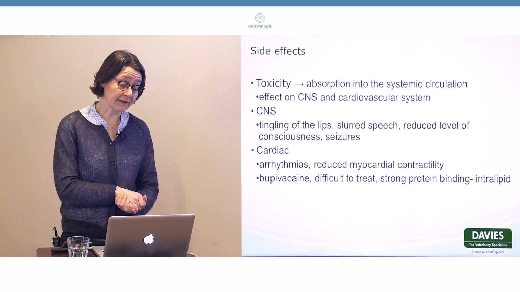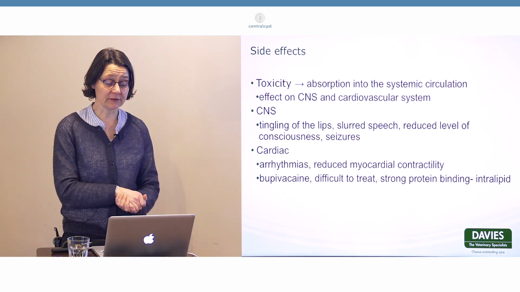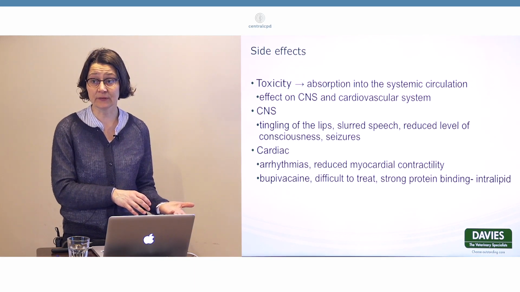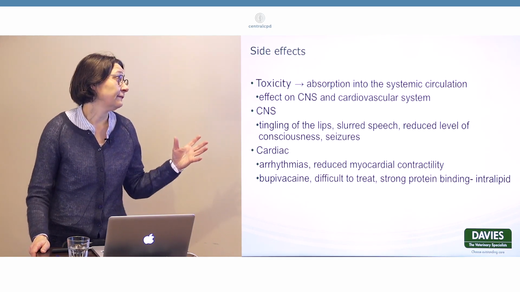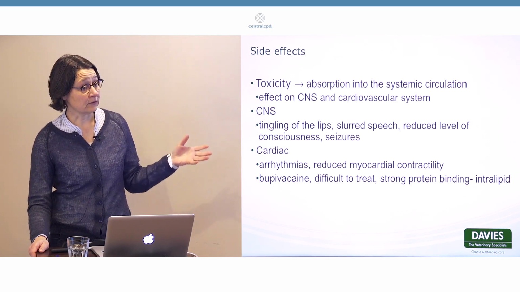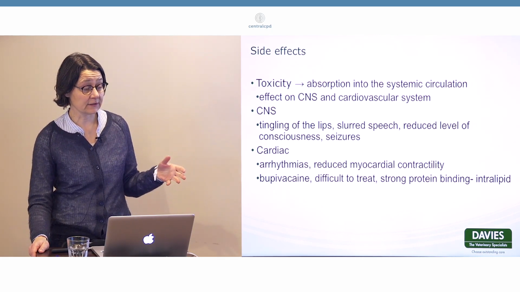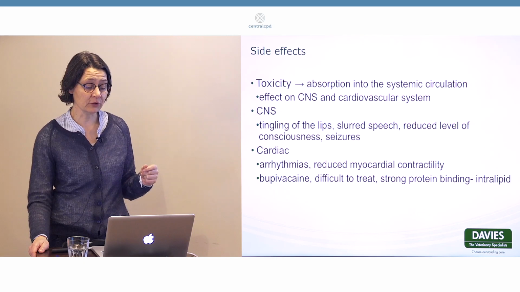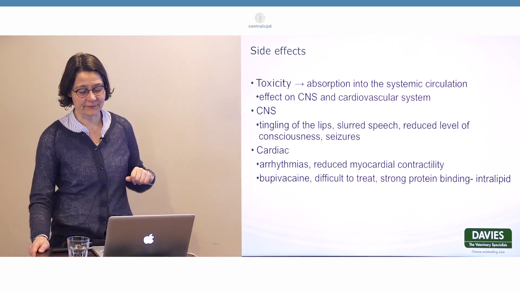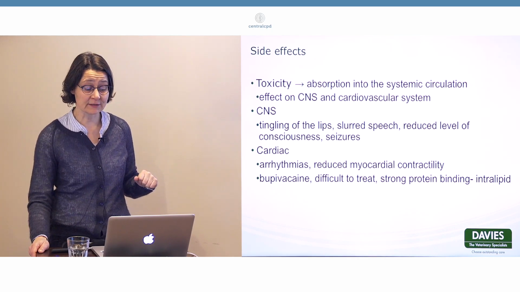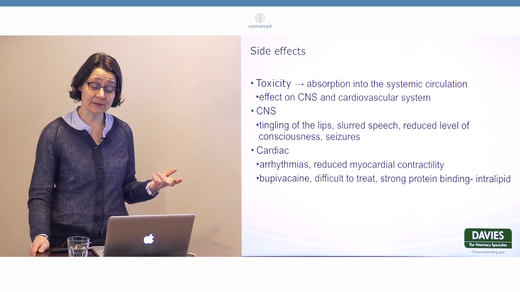In terms of side effects, toxicity and absorption into the systemic circulation can happen. The effects can occur on either the central nervous system or the cardiovascular system. What you might see, and this is generally reported from human medicine, is tingling of the lips and slurred speech.